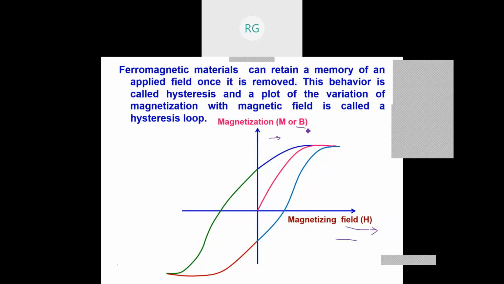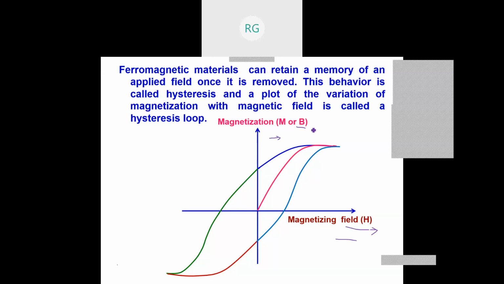You may have a capacitor, an inductor, or a resistor. With a resistor, we don't have any phase difference. But if you use inductors and capacitors, there is a phase difference between the current and the applied voltage. Here also the applied magnetic field and the magnetization M or the magnetic flux B are not following the same path, so there is a phase difference or a phase lag.